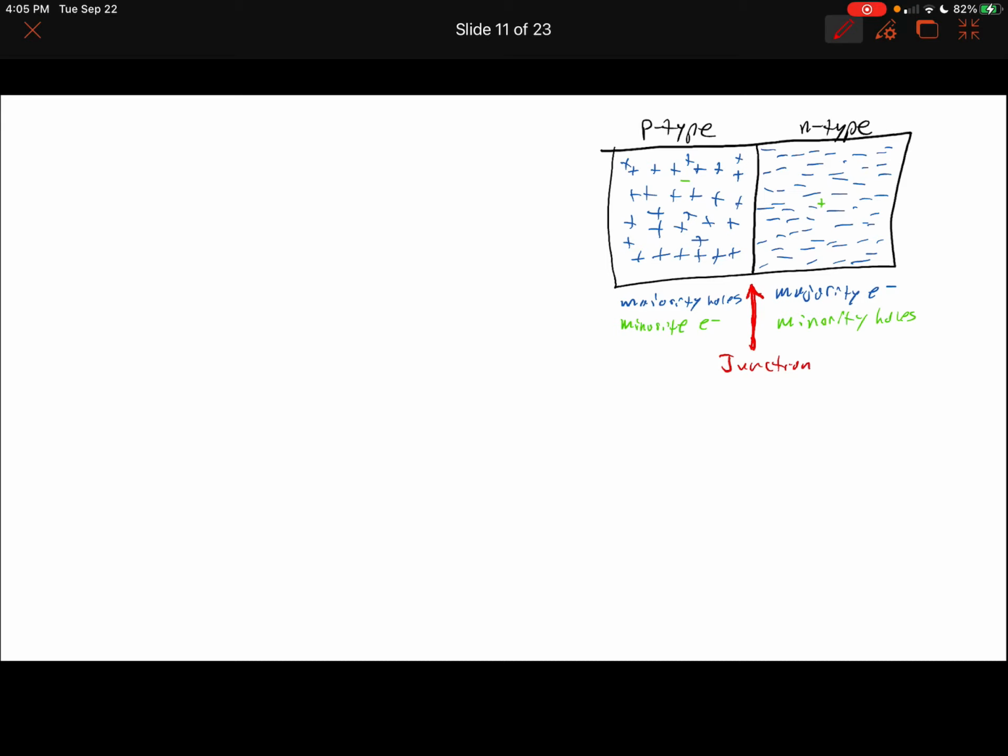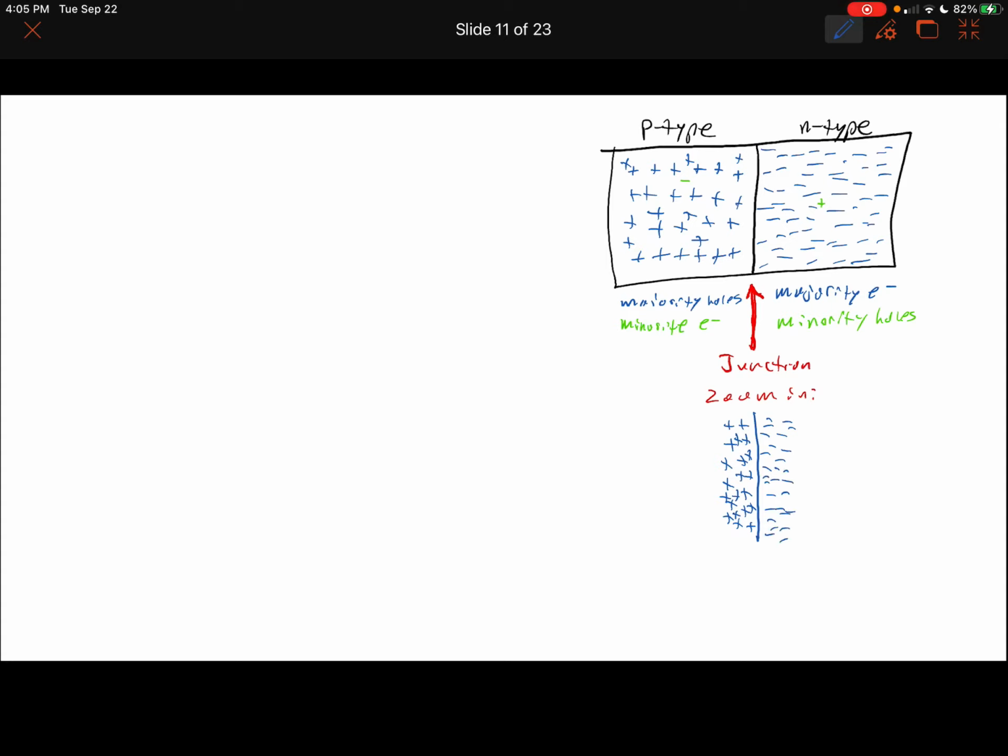And if we zoom in on that junction, what we've got is a whole bunch of holes on this side and a whole bunch of electrons on the other side, and they're all free to move around, and they are moving around.